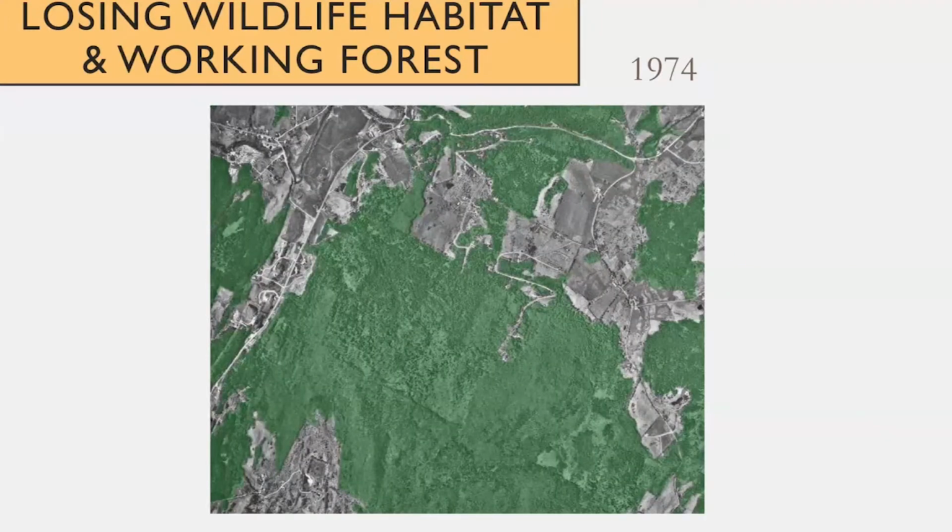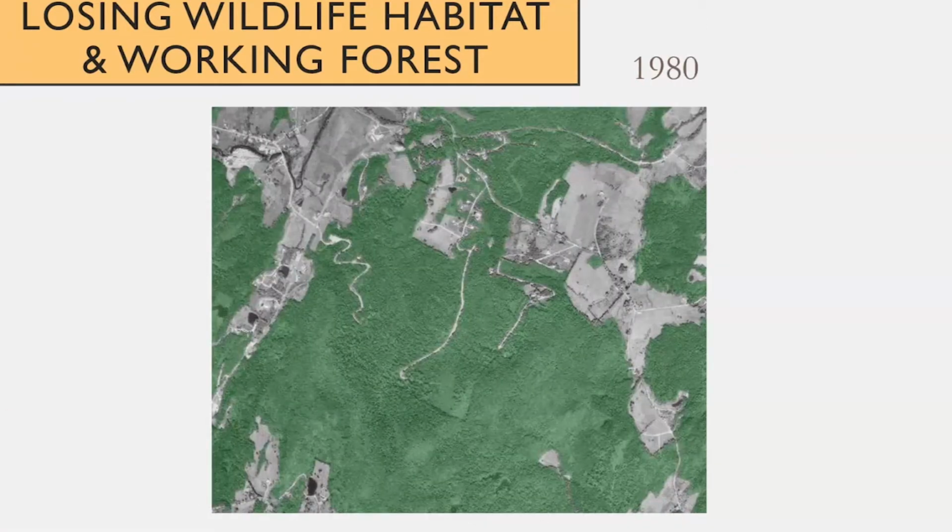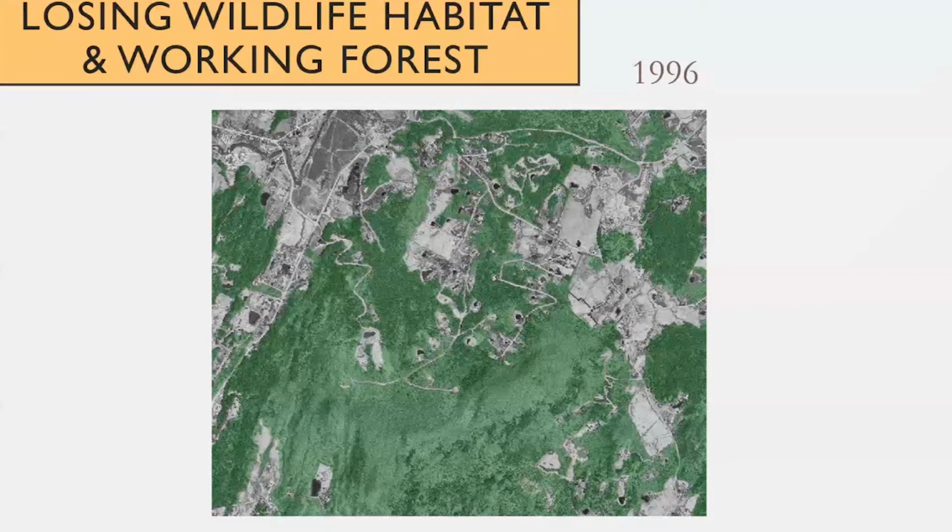Now, if we fast forward into 1974, you can see that this road was built into the interior of the forest. And that's something that is especially problematic for trying to manage forests in this ecological way. By 1996, that pattern has really accelerated.